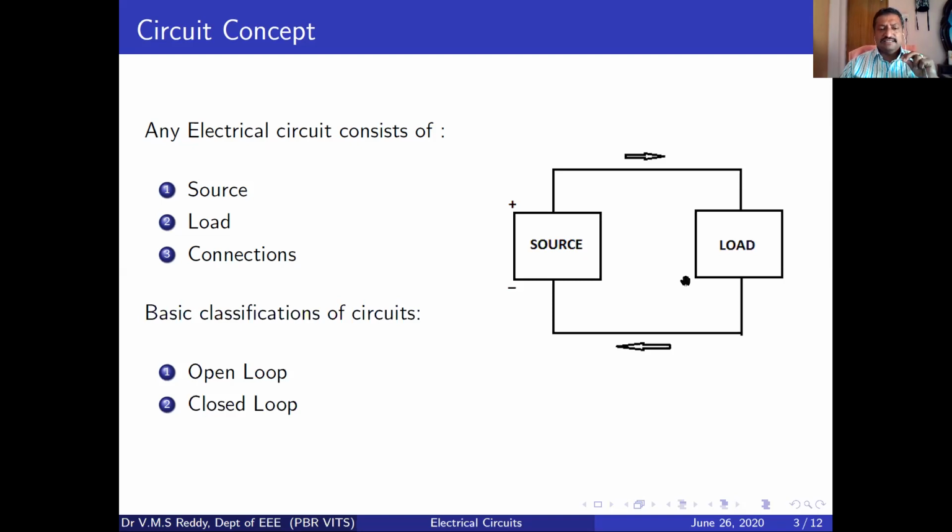Then we'll come to the general classification of circuits. There are many types of classification, depending on the properties of the elements: linear circuit, non-linear circuit, unilateral circuit, bilateral circuit, distributed, concentrated.